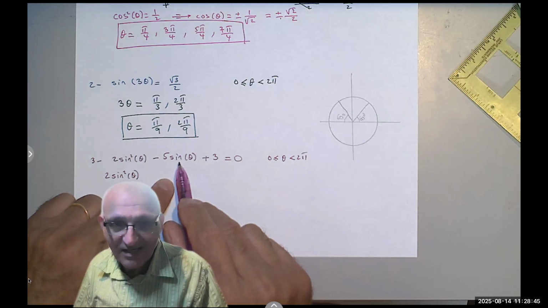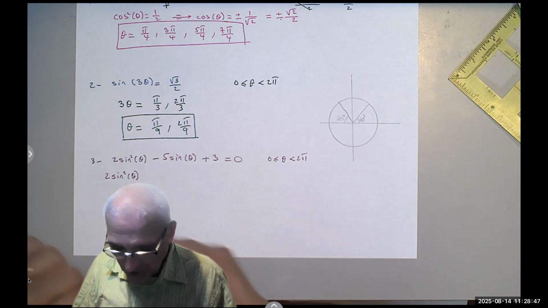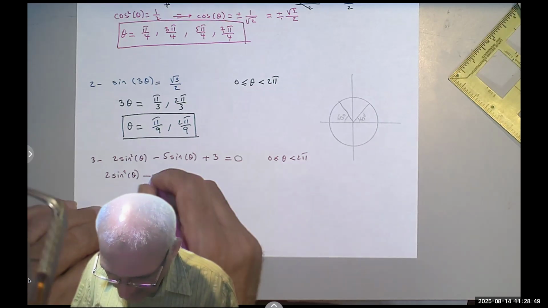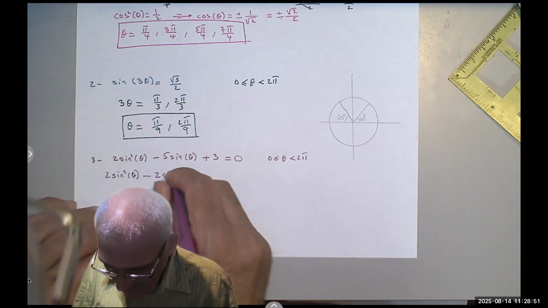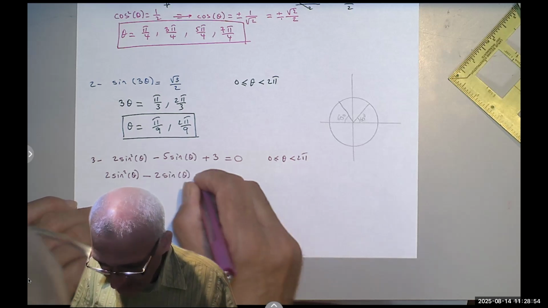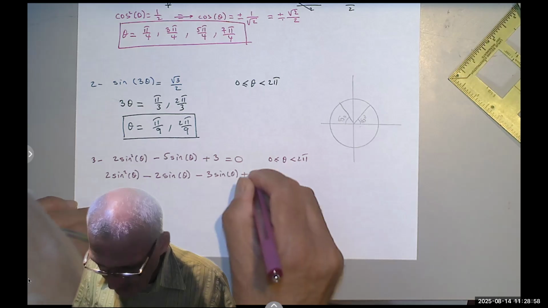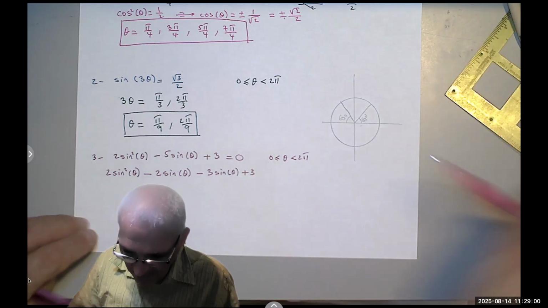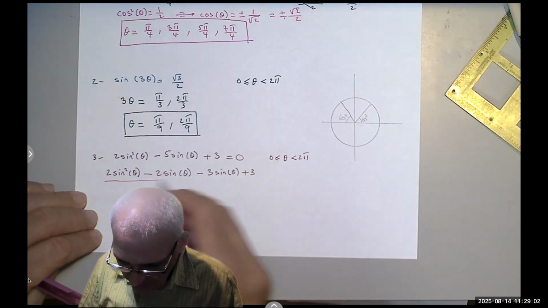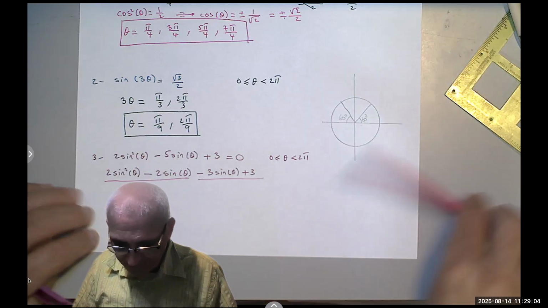Yes, -2 and -3, right? So you break that into -2 sine theta minus 3 sine theta plus 3. I'm going to combine these two and those two.